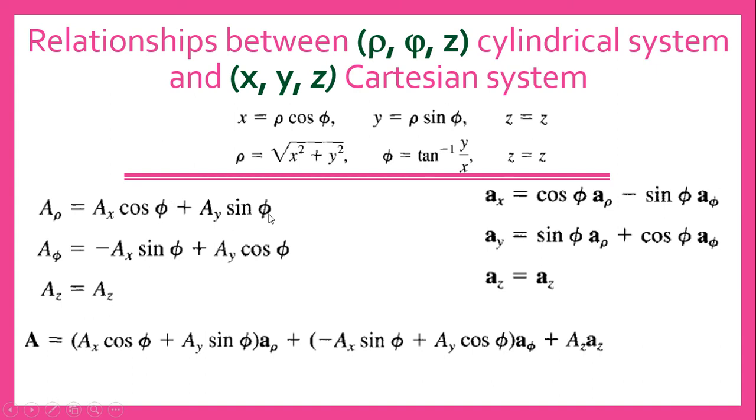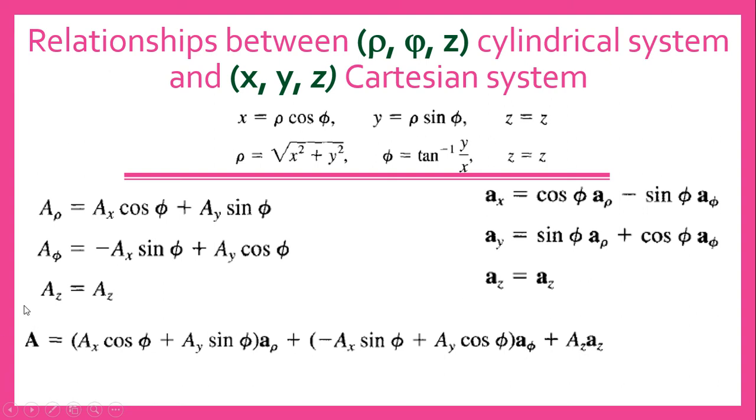How do we calculate cos phi and sin phi? Use the relationship above: if you calculate phi, you can easily find cos phi and sin phi. Likewise, A phi equal to minus Ax sin phi plus Ay cos phi, and Az is equal to Az. If you know the cylindrical coordinate components, then you can calculate Ax, Ay, and Az.